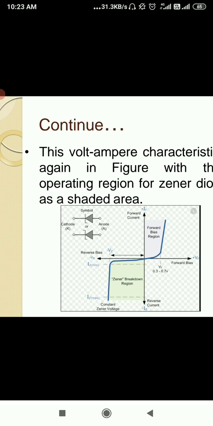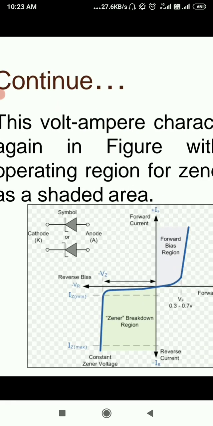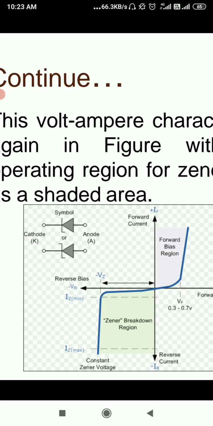But if the reverse voltage reaches the breakdown voltage, there will be a sharp and sudden increment in current, and that current we call the Zener current. That's why we write here Iz minimum, Iz maximum, meaning minimum Zener current and maximum Zener current.